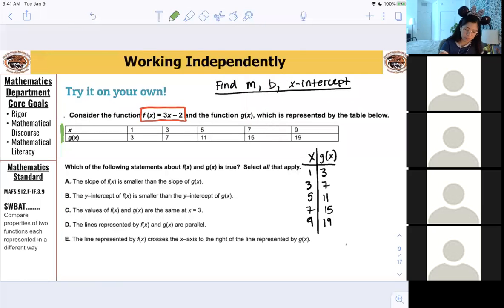So which 2 points did you choose? 1 comma 3 and 3 comma 7? Yes. Okay, so now this would be y1 and this would be y2. This would be x1 and this would be x2. Because if you did it the other way, that's how it would be here.